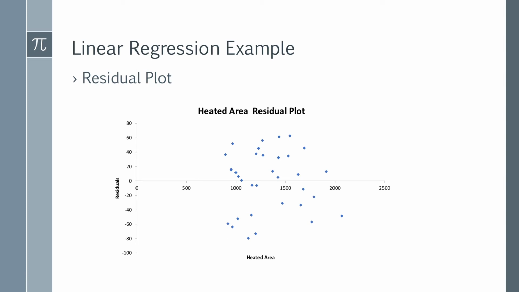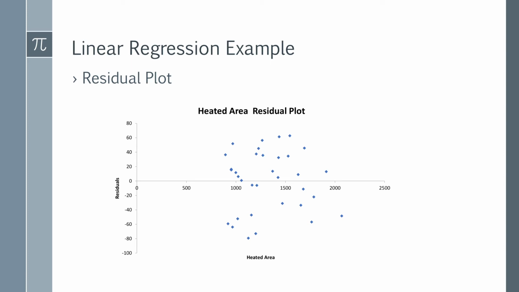Remember we had talked about, in order for a data set to be a candidate for linear regression, we wanted to see a random scattering on our residual plot. If we look at this, there are no patterns that jump out at us. We don't see any outliers, just a random scattering of points. So based off of this residual plot, it looks like we do have a good candidate for a linear regression model.